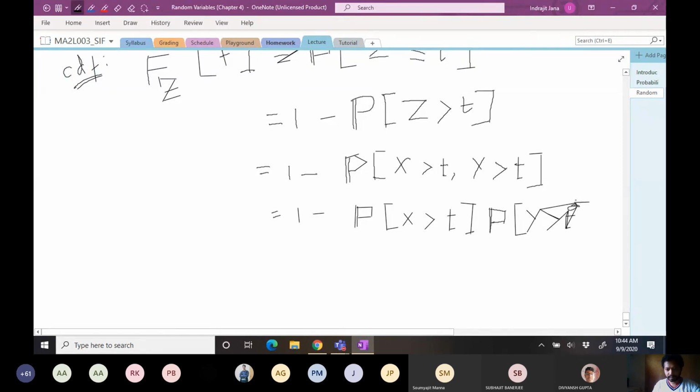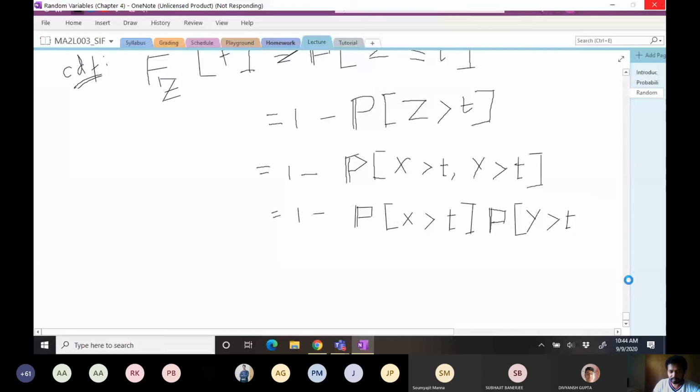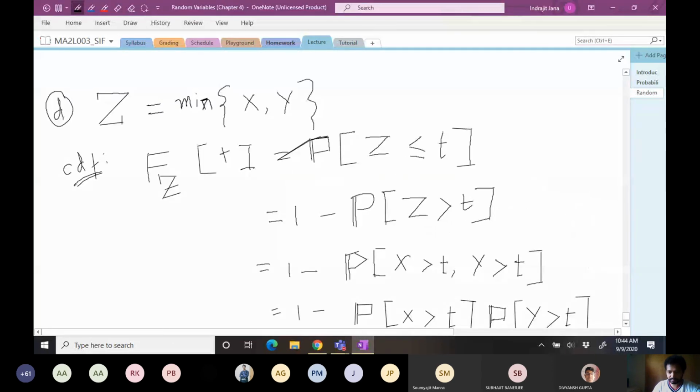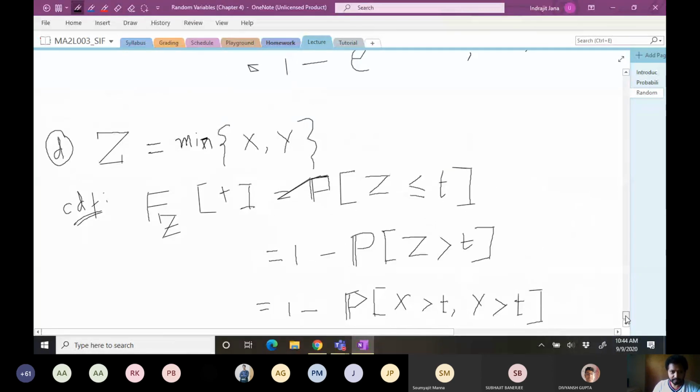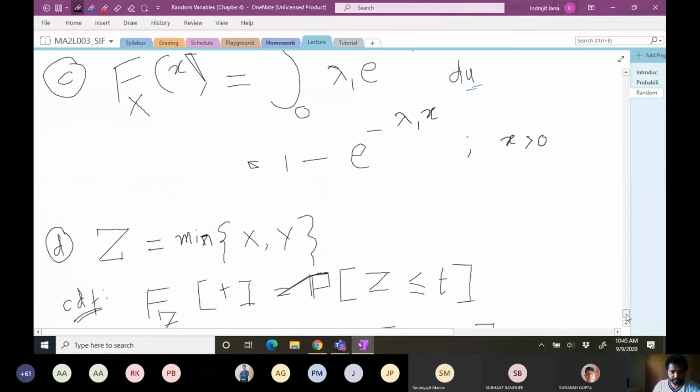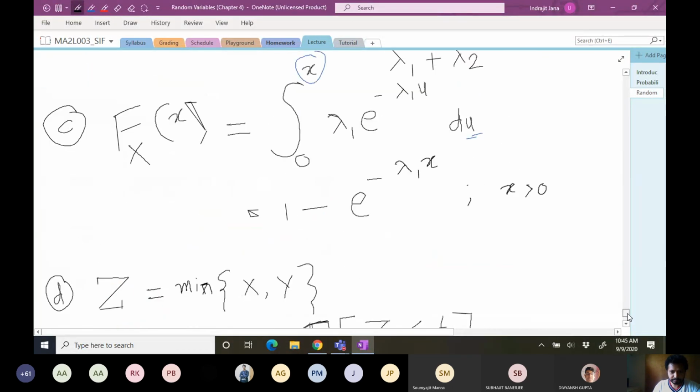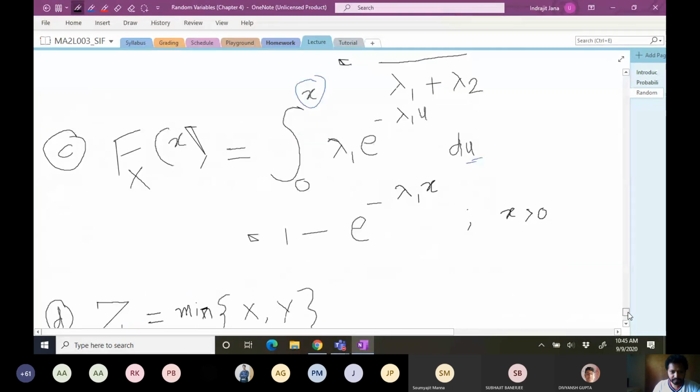Now what is the probability that x is bigger than t? It can be found from the CDF of x and CDF of y. In the previous step, I found that the CDF of x is 1 minus e to the power negative lambda x.